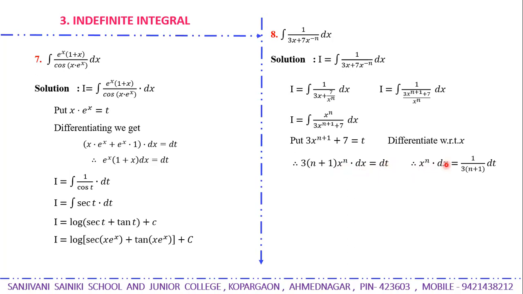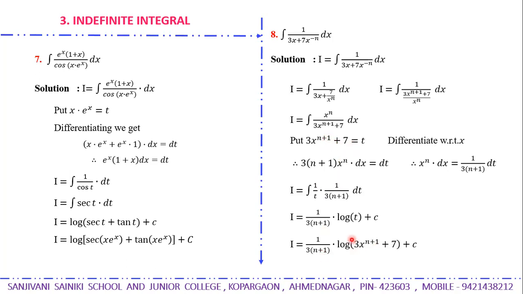So x raised to n dx is 1 upon 3 times n plus 1 dt. So this numerator will be replaced by 1 upon 3 times n plus 1. So the new integral is 1 upon 3 times n plus 1 into integration of 1 upon t, but its integral is log of t. But what is t? T is 3 times x raised to n plus 1 plus 7.